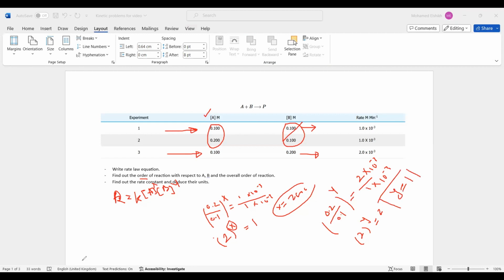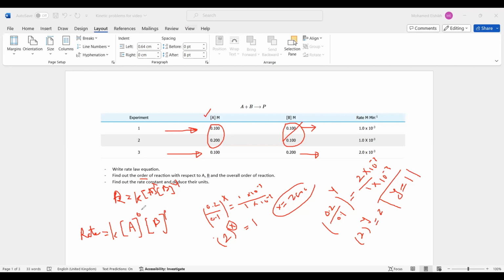So the rate law, if we want to rewrite it in complete form, is rate equals K, A to the power 0, and B to the power 1.